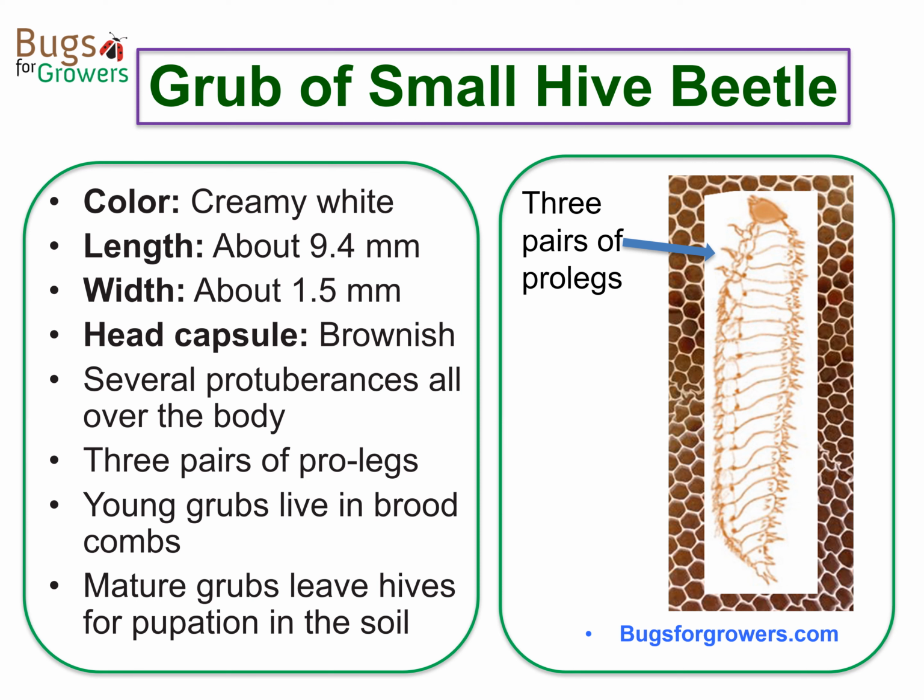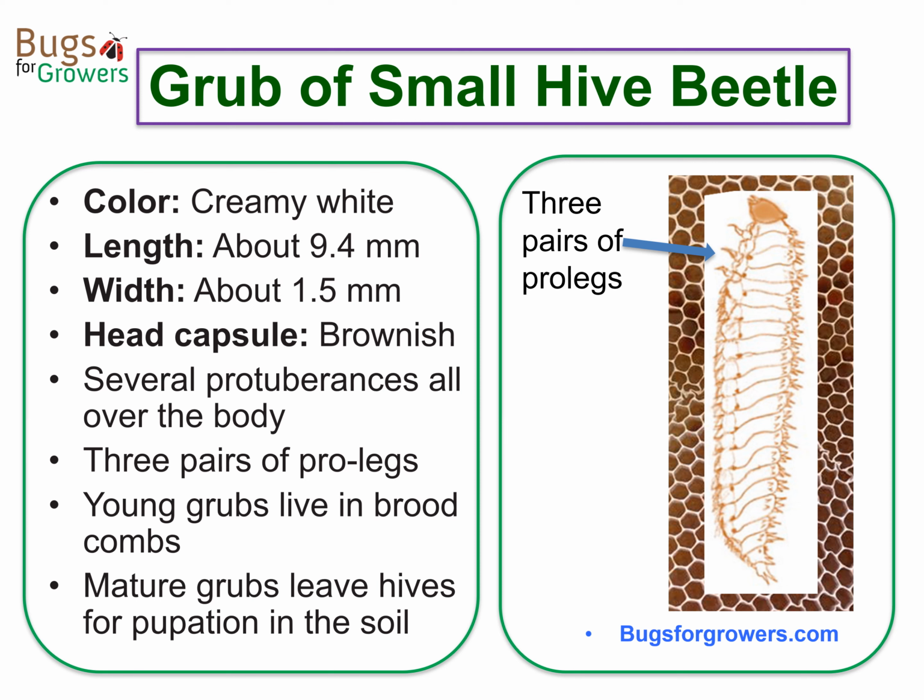Larvae of small hive beetle can be easily differentiated from wax moth larvae as small hive beetle larvae have three pairs of prolegs only at the anterior head region, whereas wax moth larvae have three pairs of prolegs at the anterior head region and four pairs at the posterior tail region.